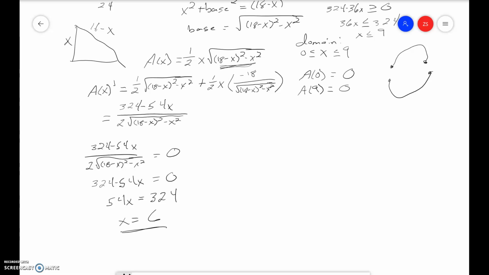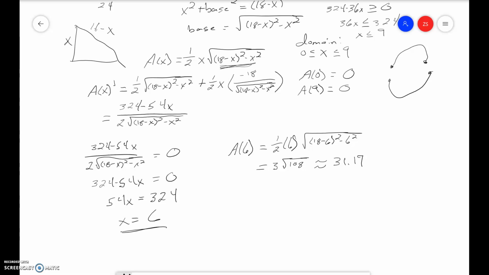I graphed it and looked at it, and so the area with respect to x when x is 6, (18 minus 6) squared here, came out to be 3 radical 108, which is about 31.17.